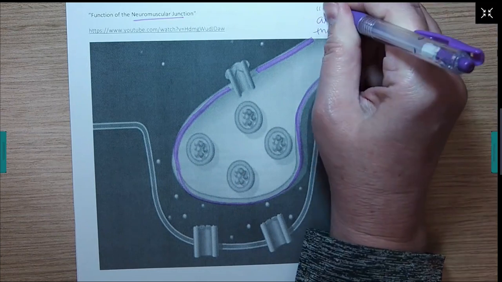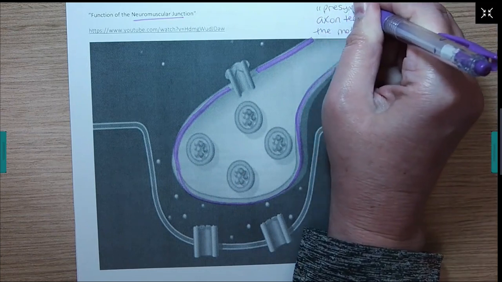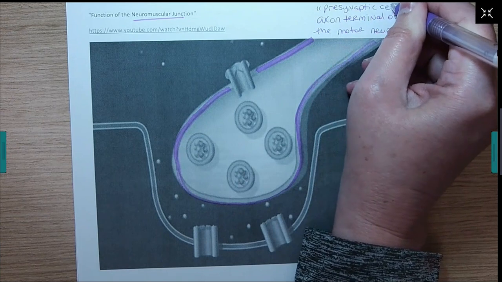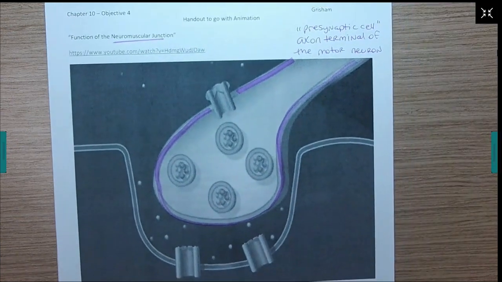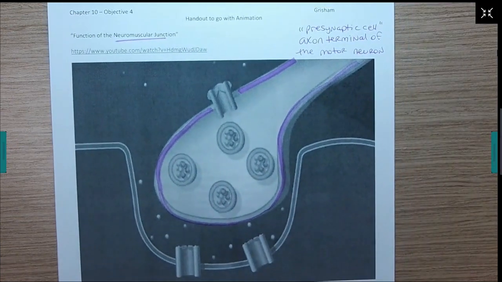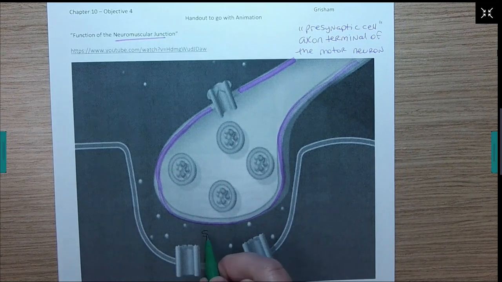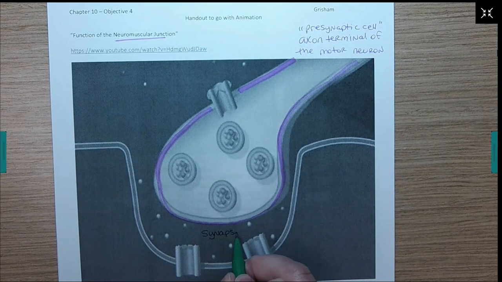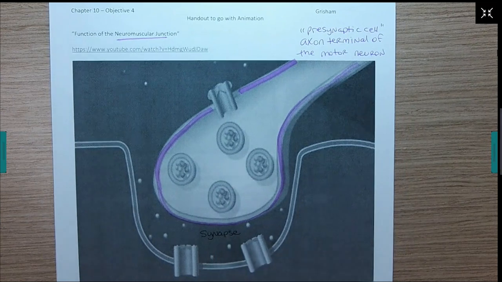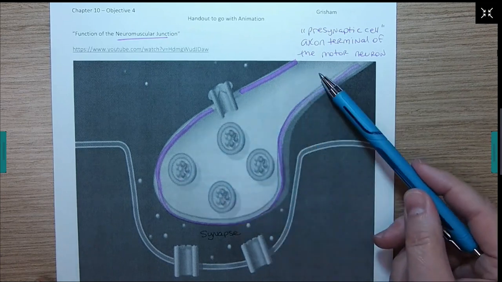And remember, we call that the presynaptic cell because it comes before the synapse. So this area right in here is the synapse. So that's the presynaptic cell.